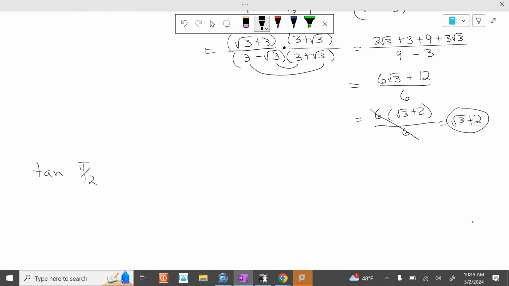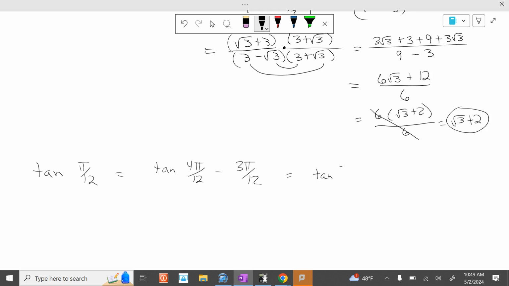How do we get to pi over 12? The tangent of 4 pi over 12 minus 3 pi over 12, or 3 pi over 12 minus 2 pi over 12. But I prefer 4 pi over 12 minus 3 pi over 12. And you'll see why in a second.